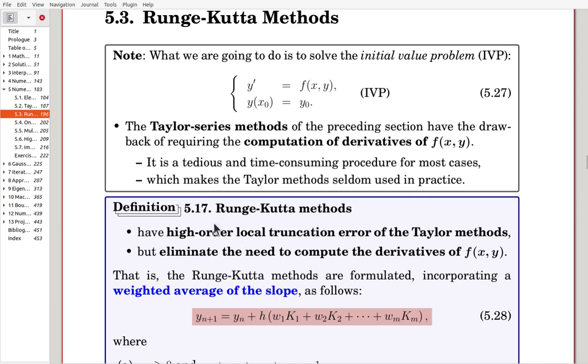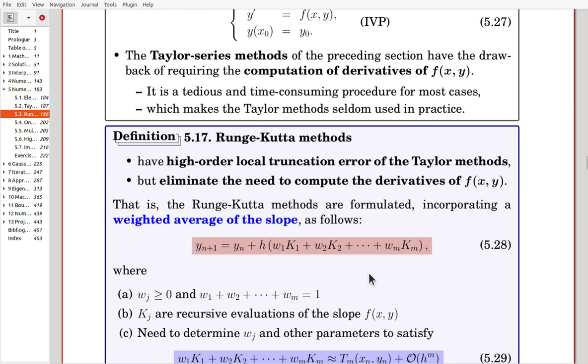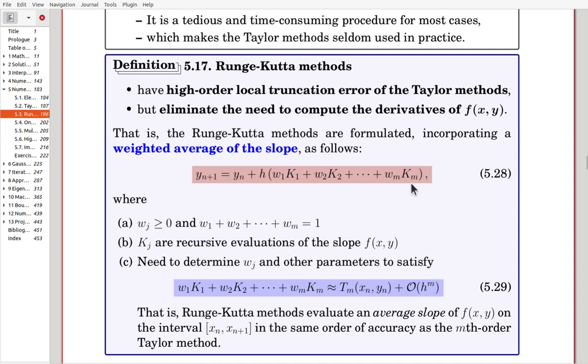The methods have the high-order local truncation error of the Taylor methods and eliminate the need to compute the derivatives of f of x, y. The methods are formulated as in this equation.